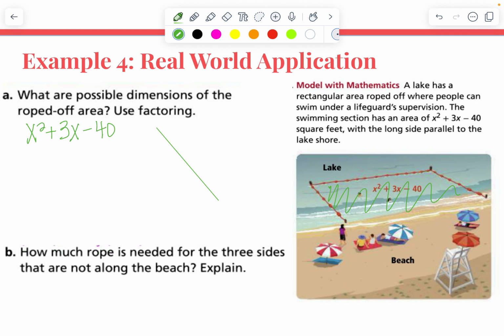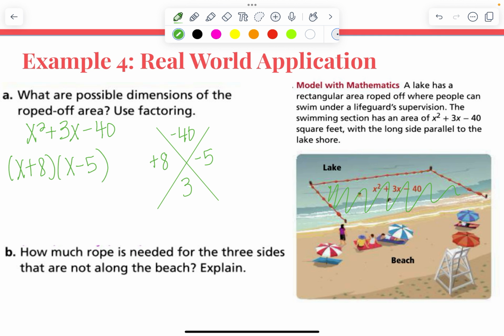So we just figured this out, that the top is negative 40, the bottom is positive 3, and the sides were positive 8 and negative 5. So the possible dimensions then are x plus 8, x minus 5.